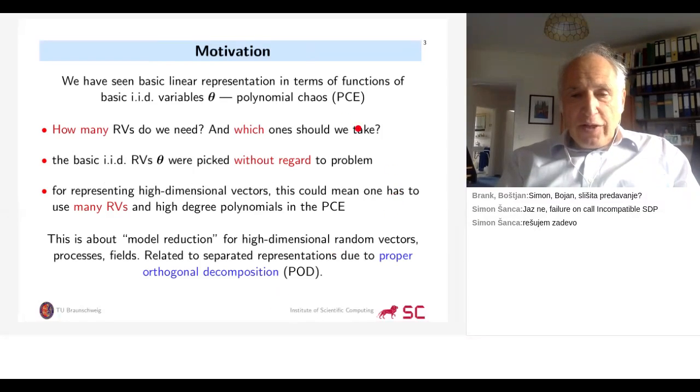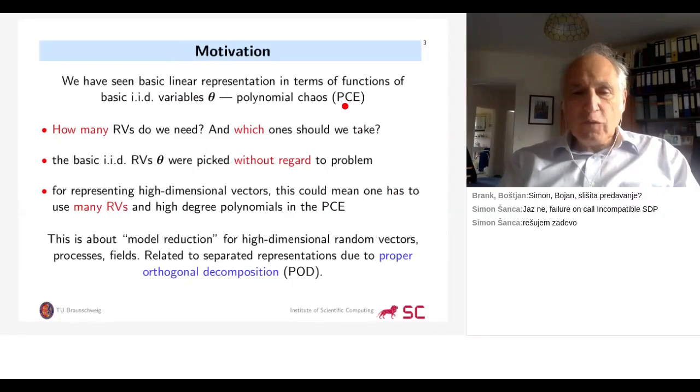So just as a motivation, we've been expanding things in IID variables theta, and we use polynomial chaos. As I said already, other functions than polynomials can be used, for instance, neural networks or something like that. But we'll stay with the polynomials because this is the simplest and oldest example of this, okay?